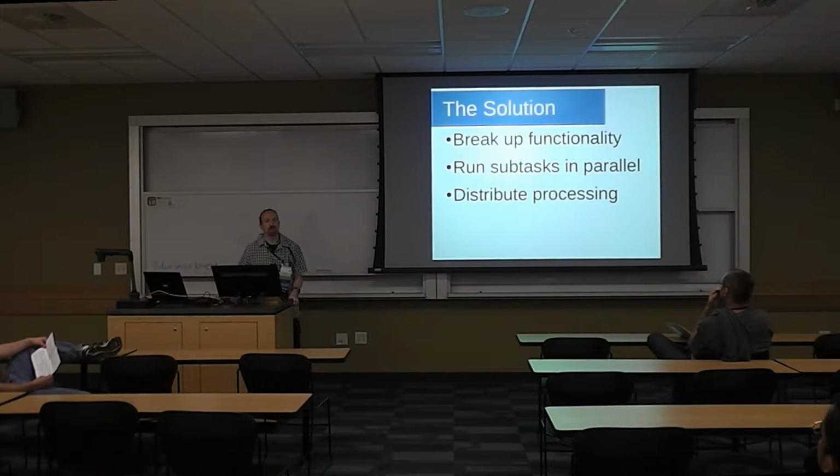A lot of applications are doing things one thing at a time in order, and there are a lot of technologies that exist for allowing us to do more than one thing at a time. And the more of those we use, the faster our applications can go because there's extra processing power not being used otherwise. And we can even amplify that more by distributing processing across multiple systems, especially in an online environment.